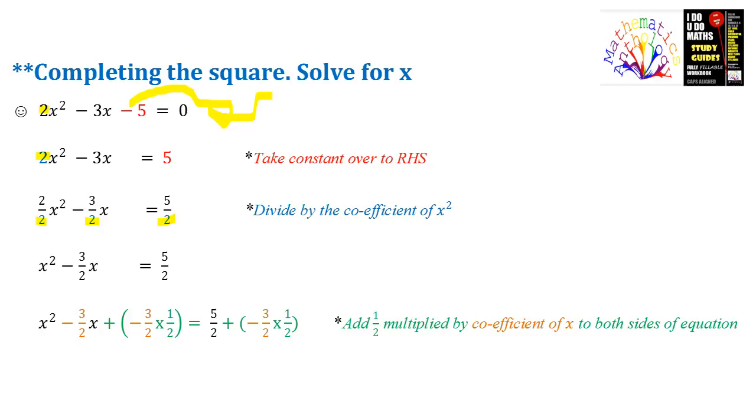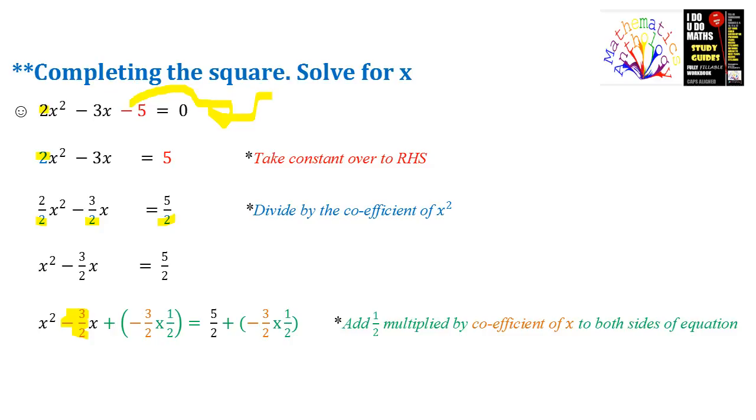Now the next step is to add half multiplied by the coefficient of x to both sides of the equation. So simply what this means is you look for the coefficient of x. The coefficient of x is negative 3 over 2.